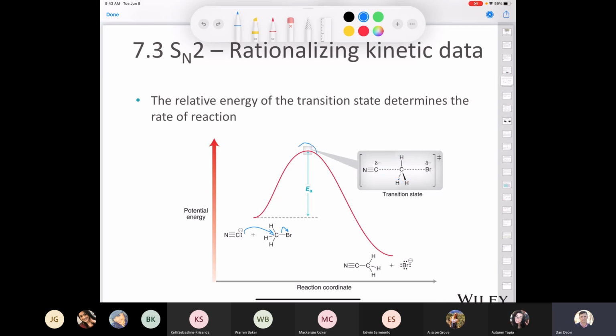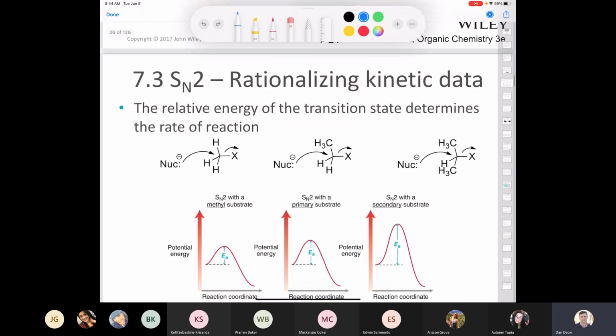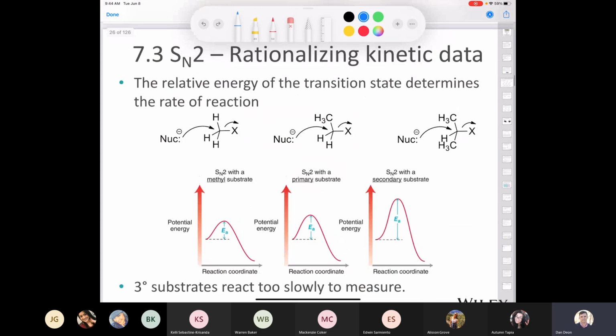And remember, the rate of reaction is related to what? The activation energy. So the activation energy here is going to be relatively low compared to something like a secondary or tertiary substituted alkyl halide. If we compare the relative activation energies here, as we go from a methyl to a primary to a secondary, you can see, again, what is the reaction rate related to?